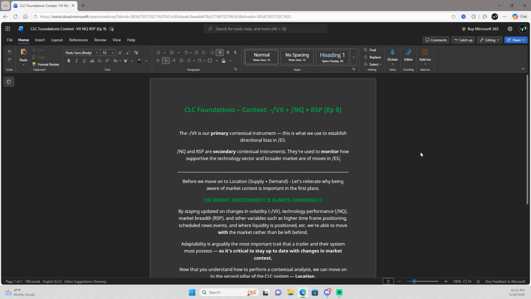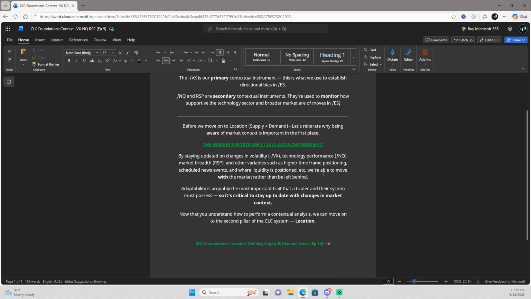So if one of them or both of them is super weak or super strong, that is going to be playing a more influential role in our own contextual analyses and in how we are approaching the market. Understand that we're just monitoring these two tools and you're not incessantly watching them or anything like that. But yes, understand the hierarchy here. VIX comes first, then NQ and RSP.